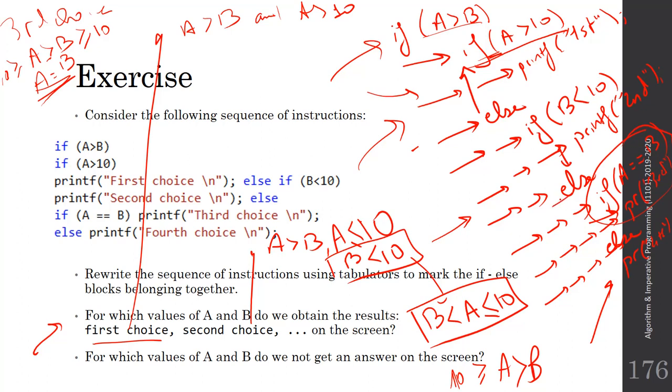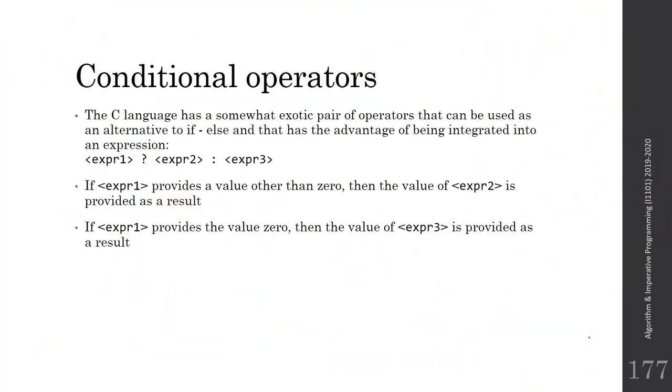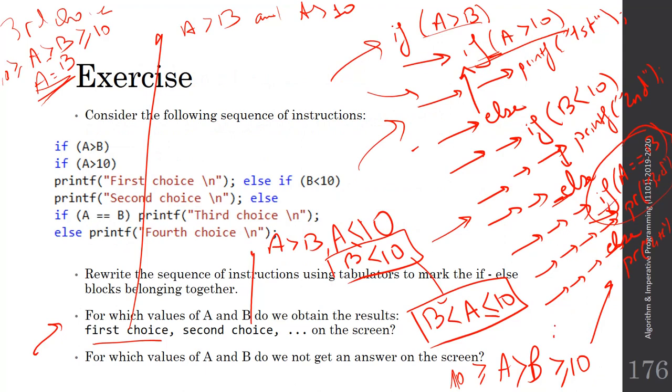Again, I need to be in the else part here, so B should be greater than or equal to 10, and A should be different than B. So again we have a contradiction, because how could 10 be greater than 10? Again it's impossible, and the fourth choice will never be printed on the screen.